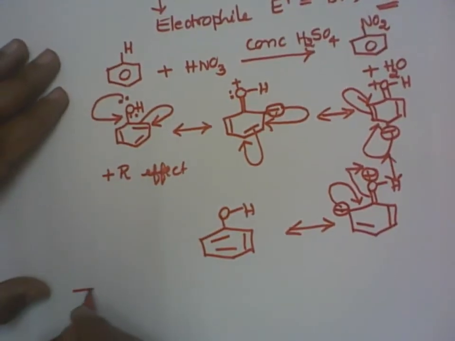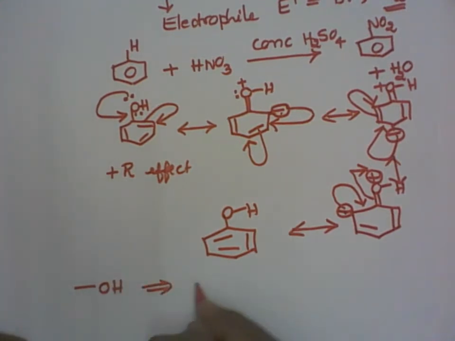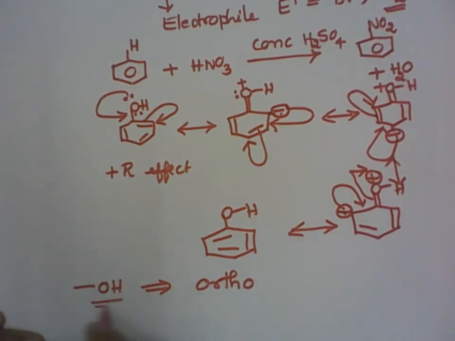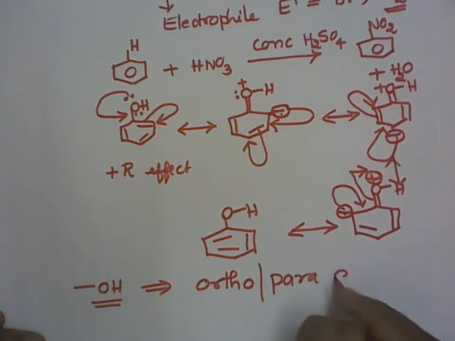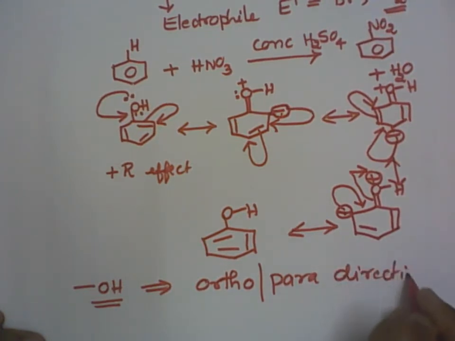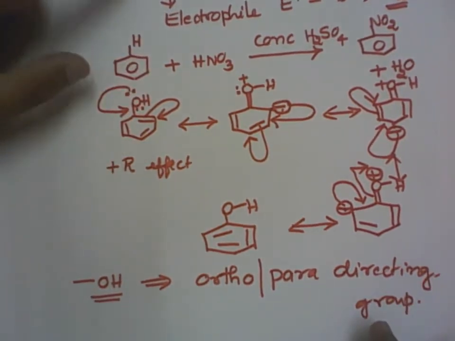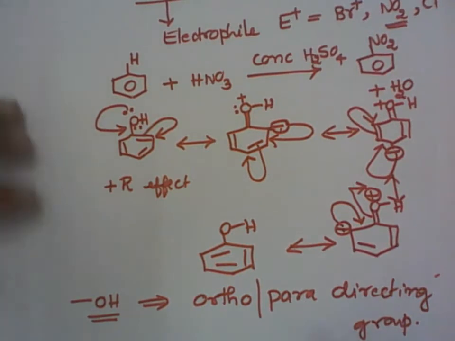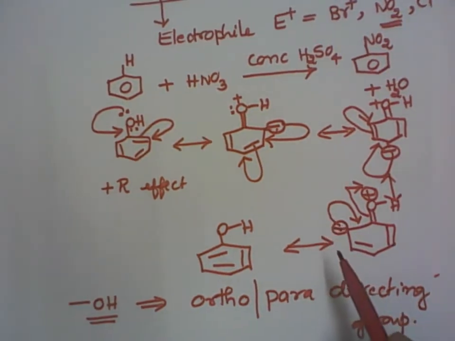Therefore, remember, whenever an OH group is attached to benzene, it always gives ortho and para products. Therefore, OH group is known as an ortho-para directing group. So whenever there are electrophilic substitution reactions of phenol, we get two types of product. One is the ortho product, the other one is the para product. Okay, is it clear?